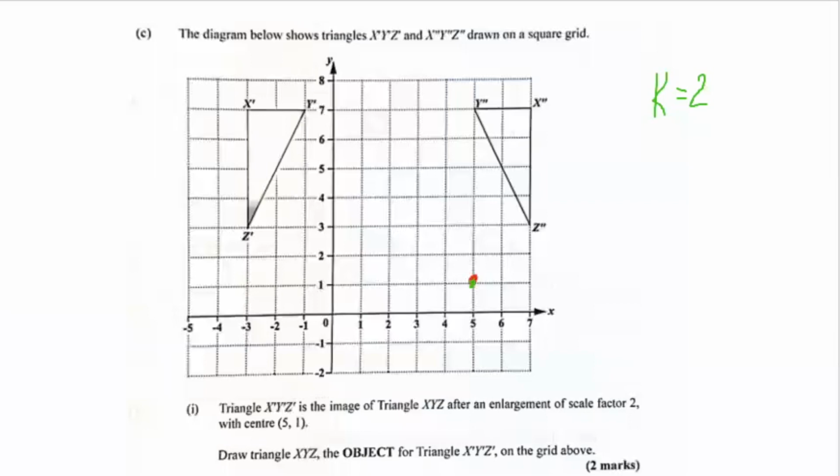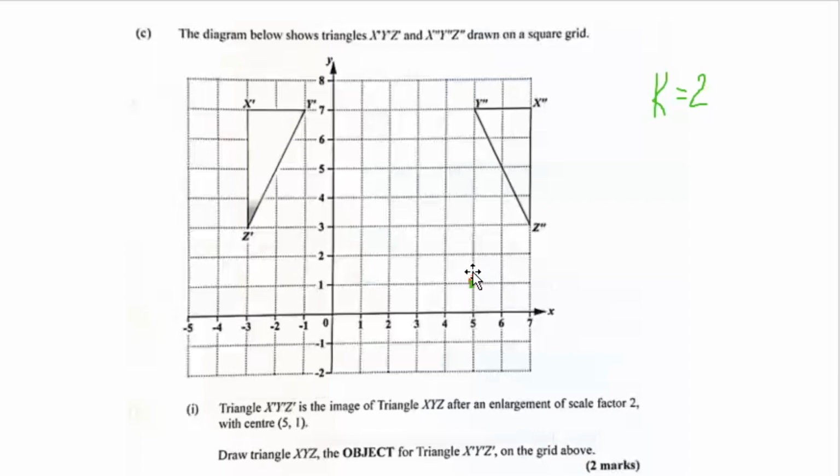There are different methods you could use. You could use a mathematical equation where we have the coordinates for the image: first subtract the center of enlargement, then divide by 2, then add back the center of enlargement, and that would give us exactly where our points are. But today we're going to map from each point on the image to our center of enlargement.